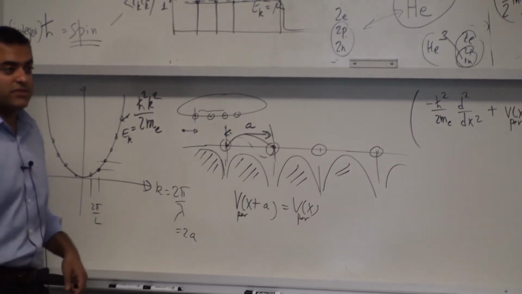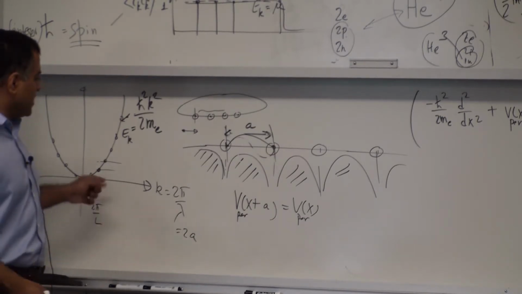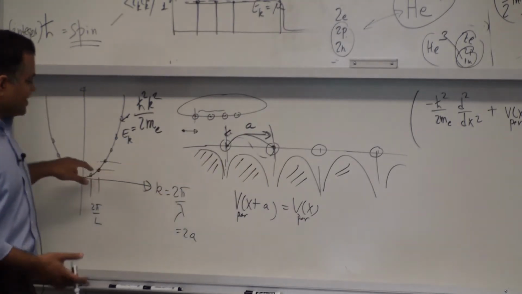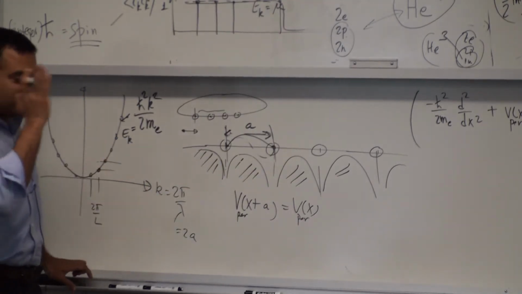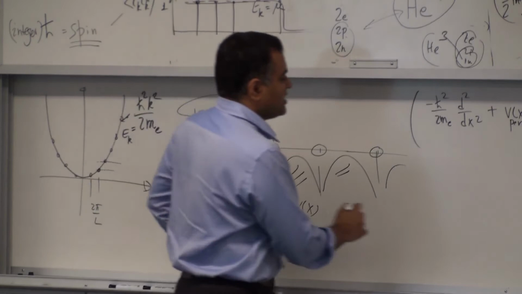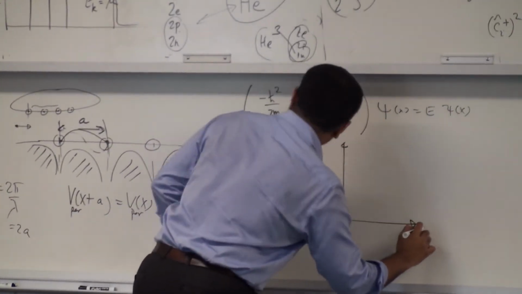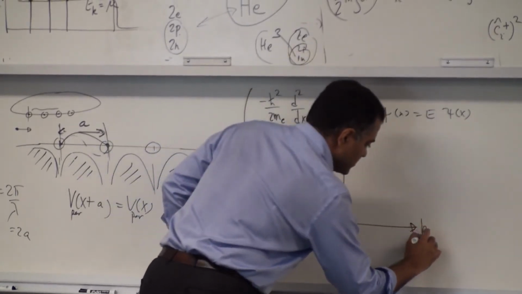It cannot propagate anymore. If you're far off from there, it's affected by the atoms, but it doesn't see them as much. But it sees the crystal most severely when the wavelength is exactly equal to 2 times a. So let's put it this way.